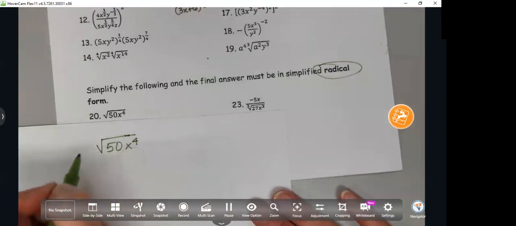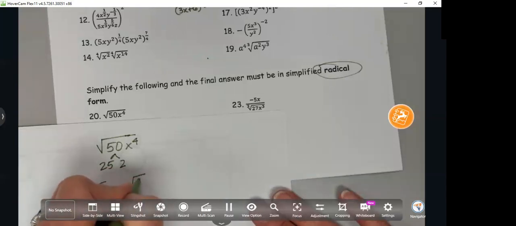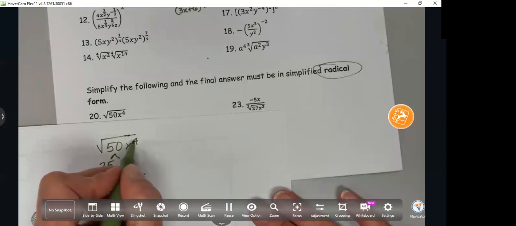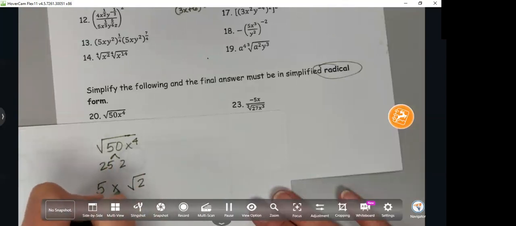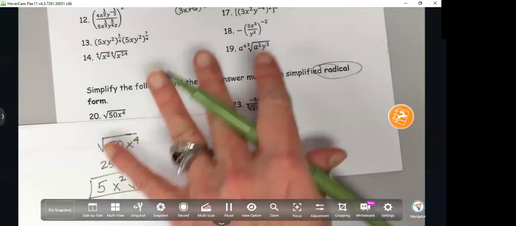Now remember, this is a 2, so I'm going to multiply 25 and 2. The square root of 25 is 5. The 2 stays in. 4 divided by 2 is 2 with no remainder. So there's 5 root 2 x squared.